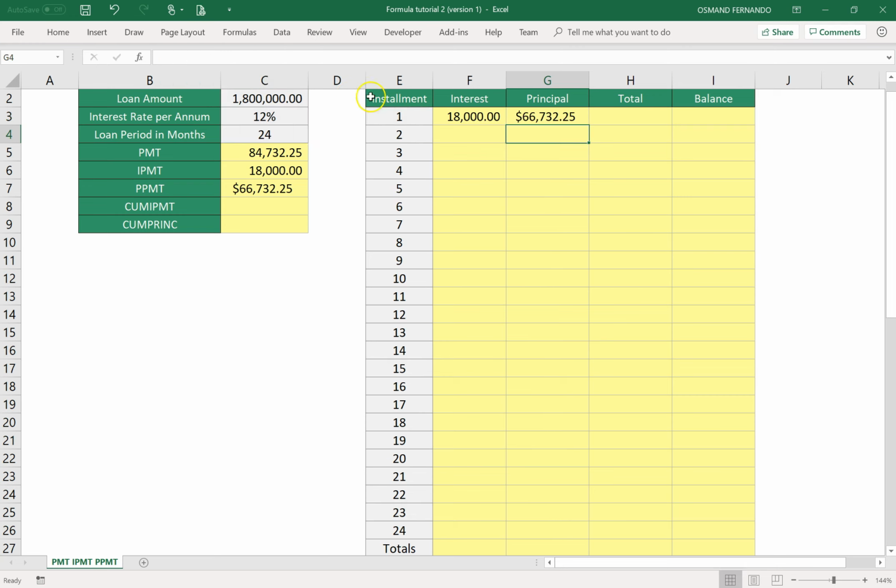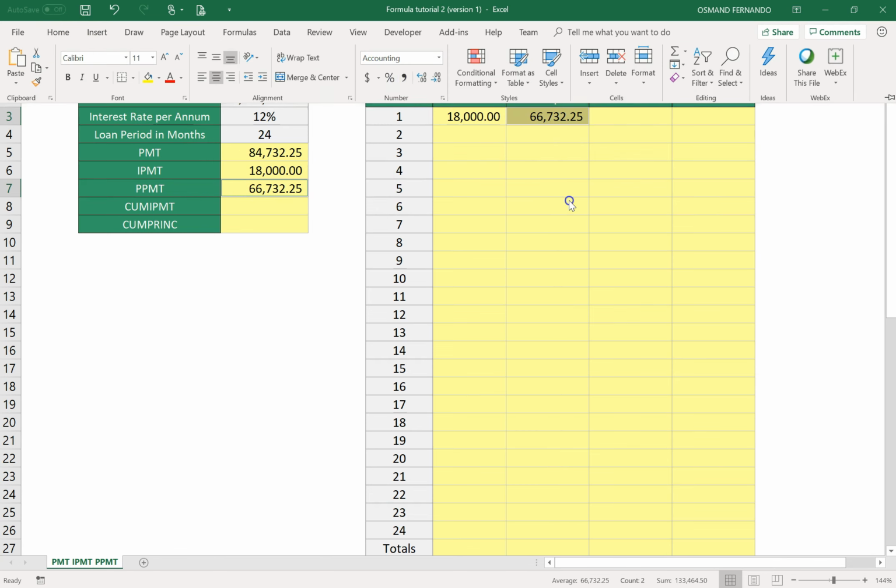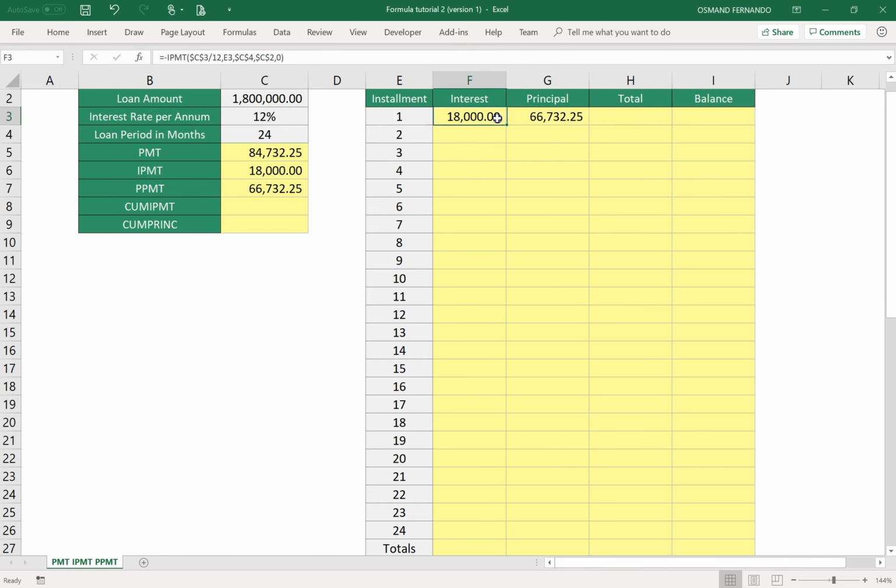Hit enter. Let's change the style. Now we have the total installment amount, 84,732.25. Let's take the total here, this plus this.